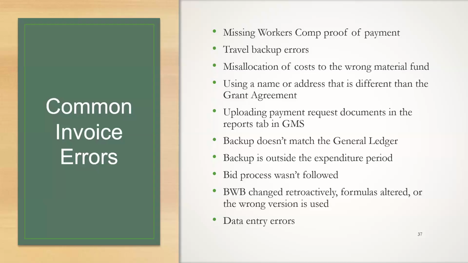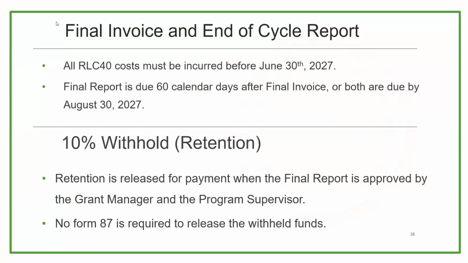So filing on your side is probably really important on those, just to make sure that you use the most current version, because things do come up and we find errors in our process, and we find errors in things being changed sometimes. So make sure you've got the most current one. Data entry errors, that happens.